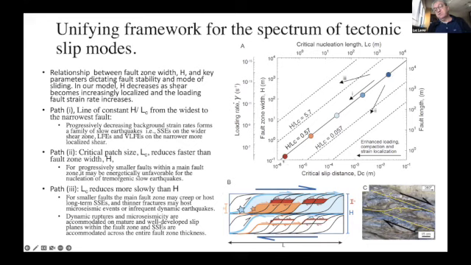Basically, this goes from the faster rates, the LFEs at this red dot, up to VLFEs, and then up to slow slip events in this chaotic and aperiodic behavior that we have here. And you can change the path. You can take other paths where you decrease the rate, like pathway three.